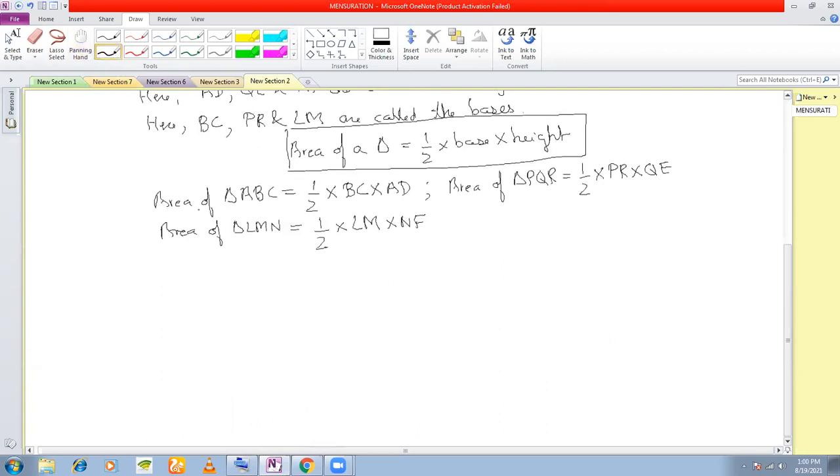Next comes the Heron's formula for area of a triangle.